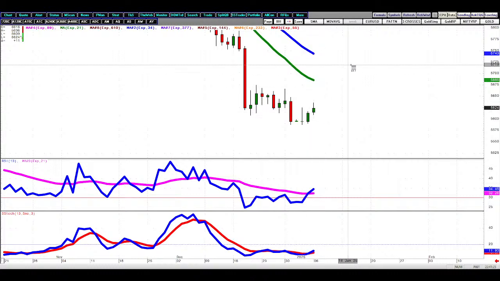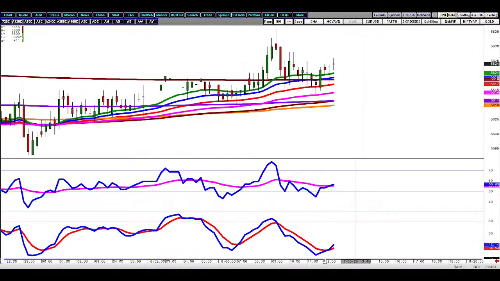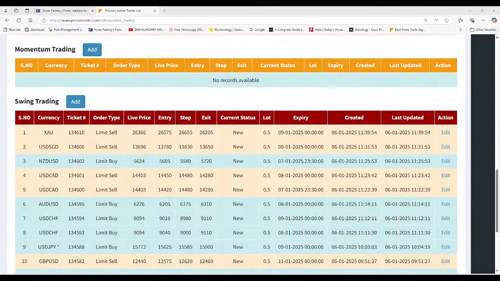So expect the price to push higher and expect this high to break and towards 57.20. Okay, this is for the week. So again here, market has got no strength, so we can look to buy somewhere near 56.10, exit 56.60 or higher. Okay, so let's see what is the call.